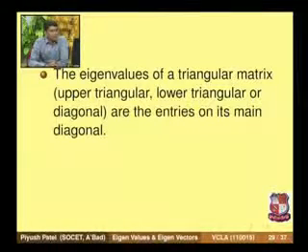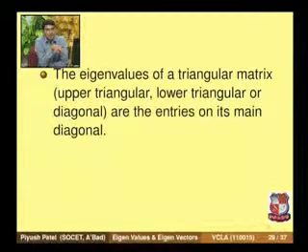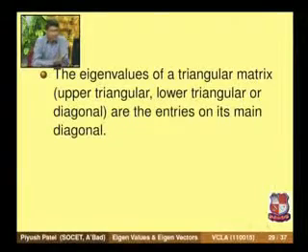The next one is a very important property which tells us that the eigenvalues of a triangular matrix, by which we mean upper triangular or lower triangular, or we consider diagonal also, because a diagonal matrix is also an upper triangular as well as a lower triangular matrix. So the eigenvalues of a triangular matrix are the entries on the main diagonal.